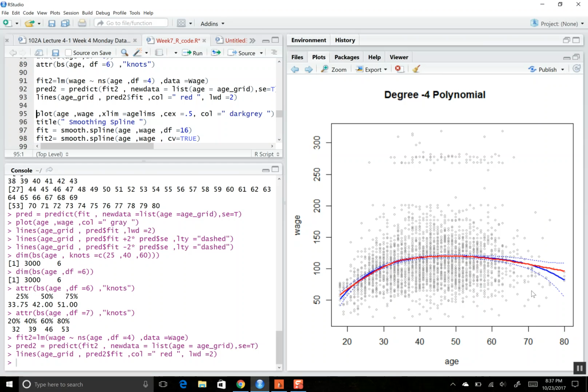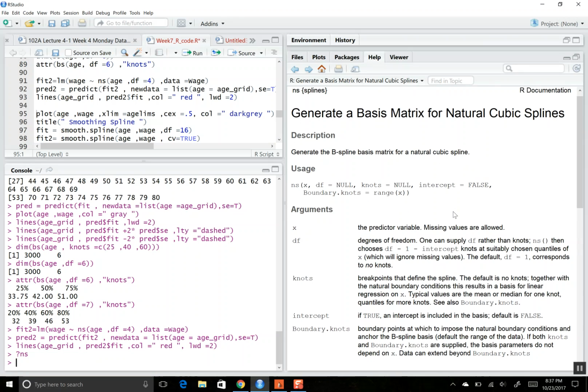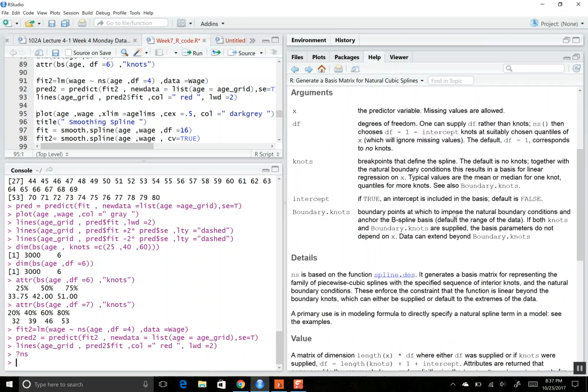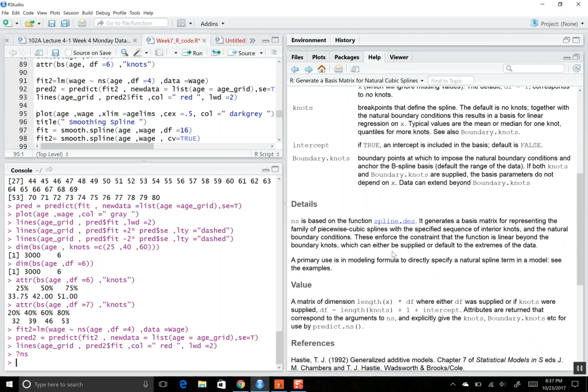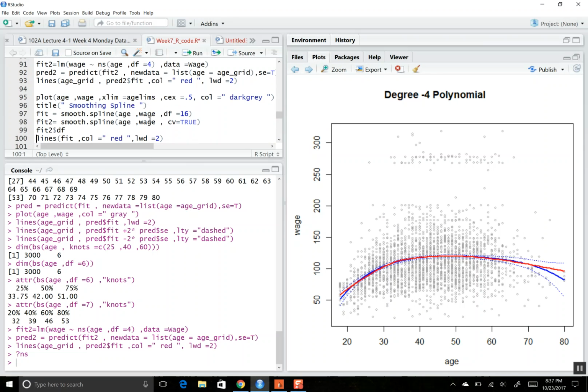And with a natural spline, you don't have that. So that's for a natural spline.